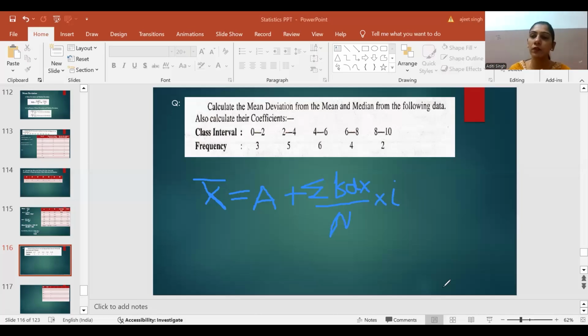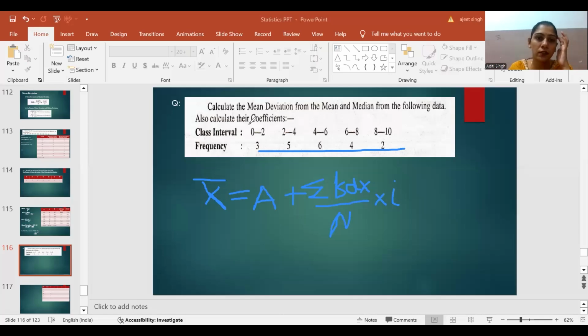Then we multiply dx with f, take the sum of f dx, which is sigma f dx, and divide it by n. N is the total number, the sum of the frequencies 3, 4, 6, 4 and 2. A is the assumed mean and I is the class interval.